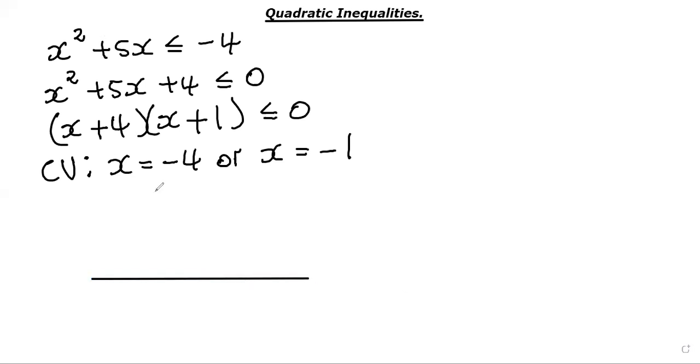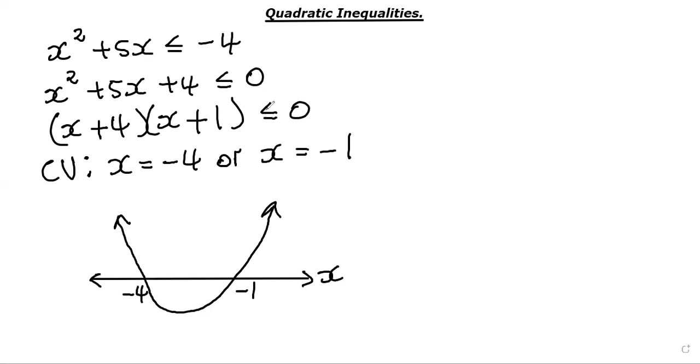Once again, the coefficient of x squared is positive, so the function is facing up like that. So you'll have -4 here, and then you'll have -1. Remember that -4 is less than -1 on a number line.